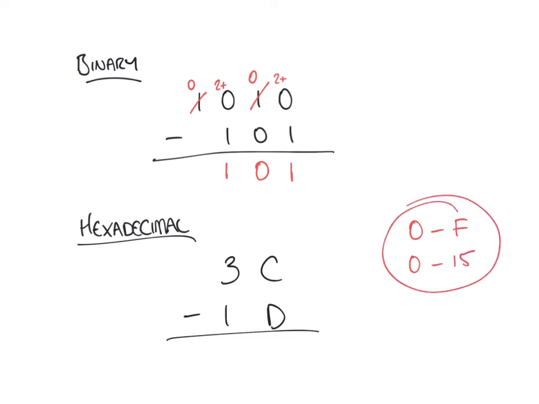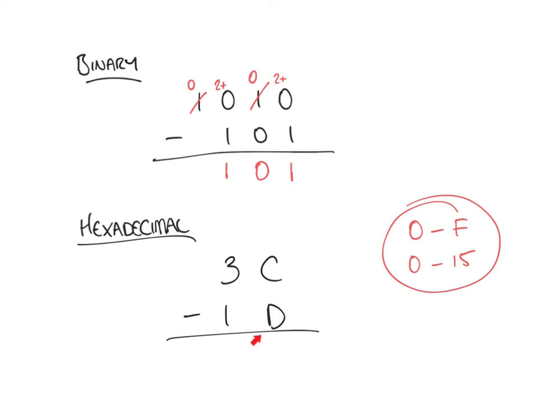If you're not sure about where those digits come from or what they mean, it's worth going back to our hexadecimal video where we explain that in a bit more detail. But I'm assuming you've watched that or you're familiar with hexadecimal numbers, and we're going to perform this subtraction here using exactly the same methods as we've done for the previous.